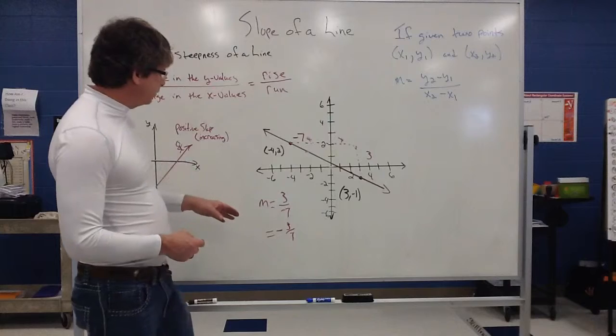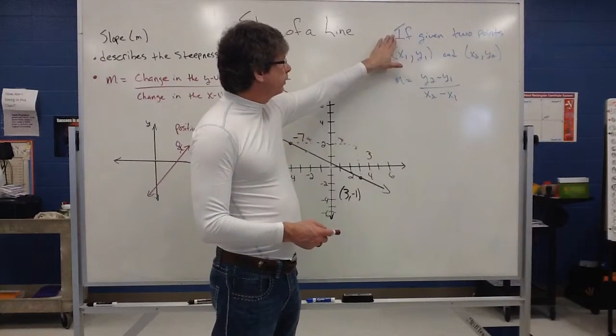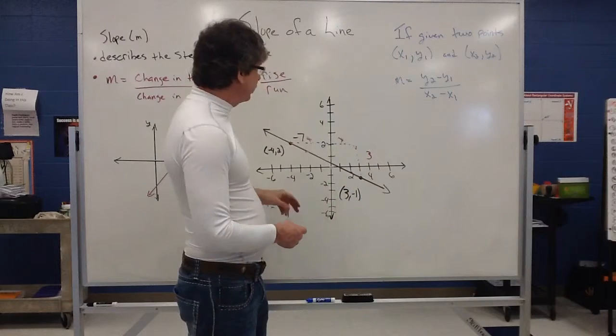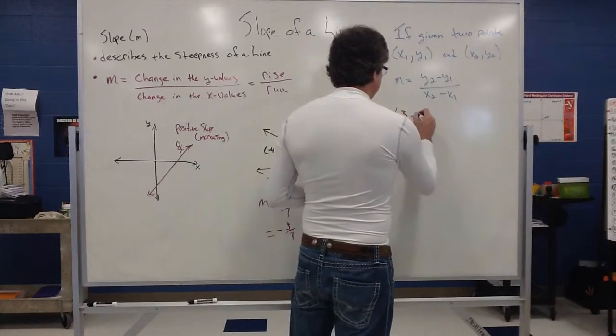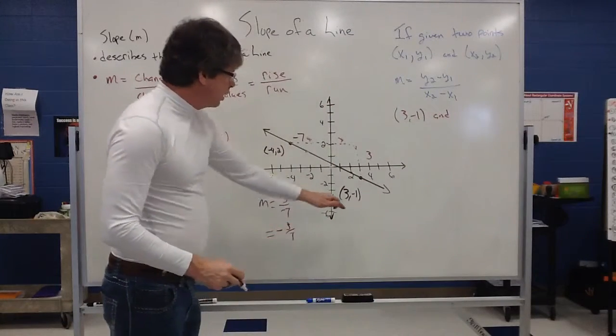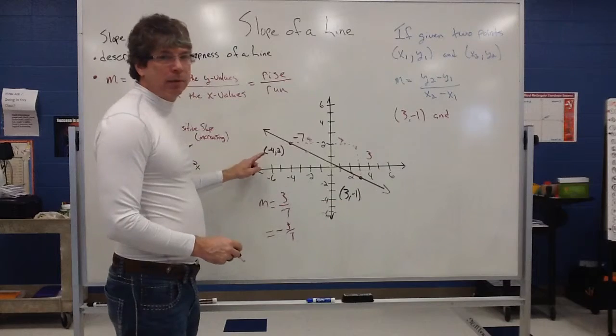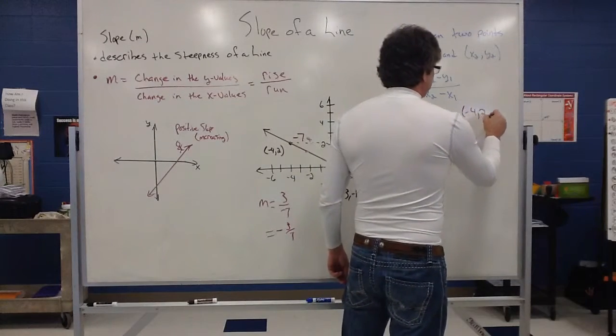As we also said, I can find the slope of this line if I know 2 points. And I do have these 2 points. So (3, -1) is my point 1. At least I'm going to call that point 1. If I call that point 1, then this has to be my point 2. So I'm going to call (-4, 2) my second point.